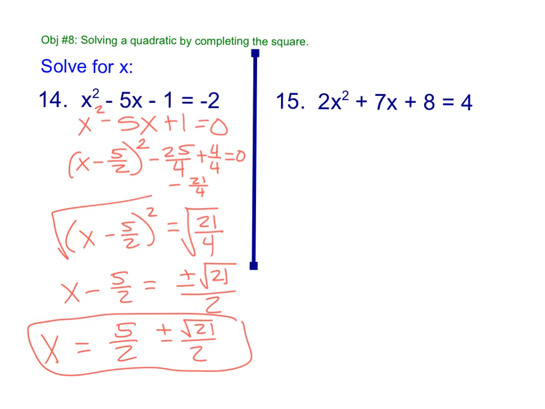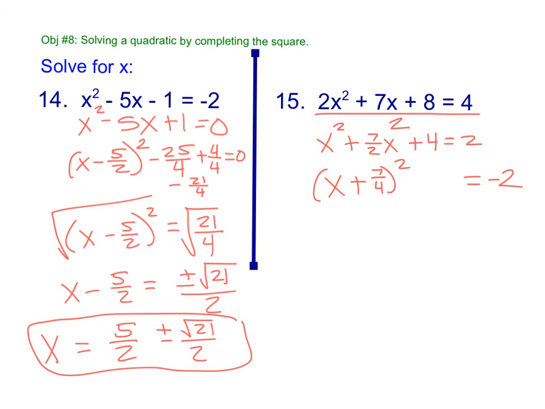All right. So because this is an equation and not an expression, we're allowed to just divide the whole thing by 2. So I'm going to do that. So x squared plus 7 over 2x plus 4 equals 2. In my parentheses, half of 7 over 2 is 7 over 4. I'm going to move the 4 over to get negative 2.